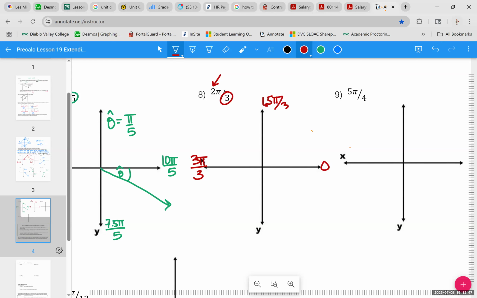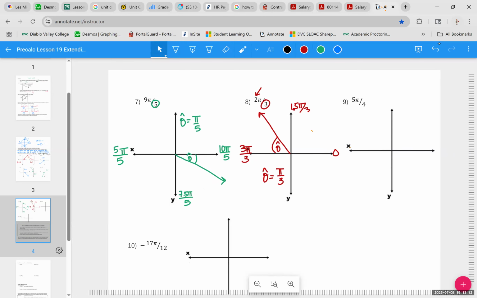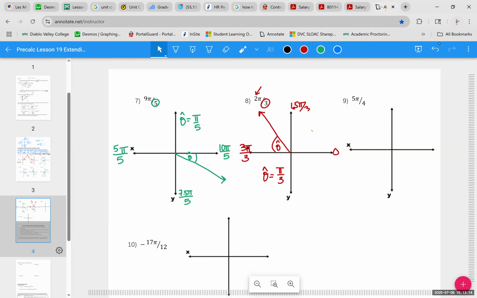So my 2 pi over 3 is going to land here. My reference angle is equal to what? If this is 2 pi over 3 and all the way is 3 pi over 3, what's left in between them? 1 pi over 3. Okay, not so bad. Give the last two a try. You can do it.